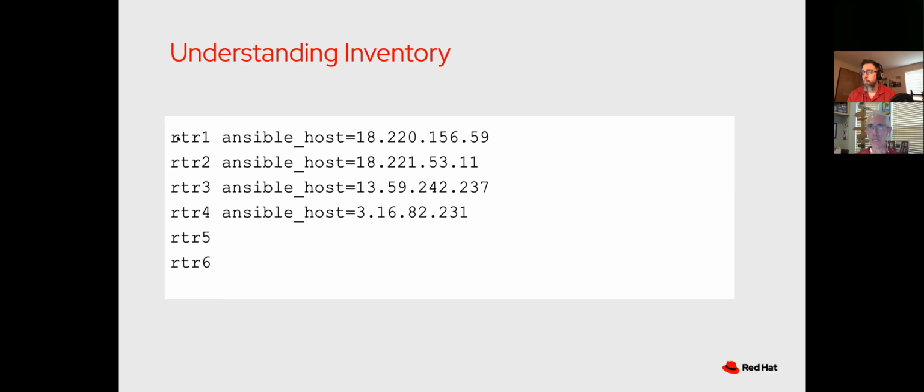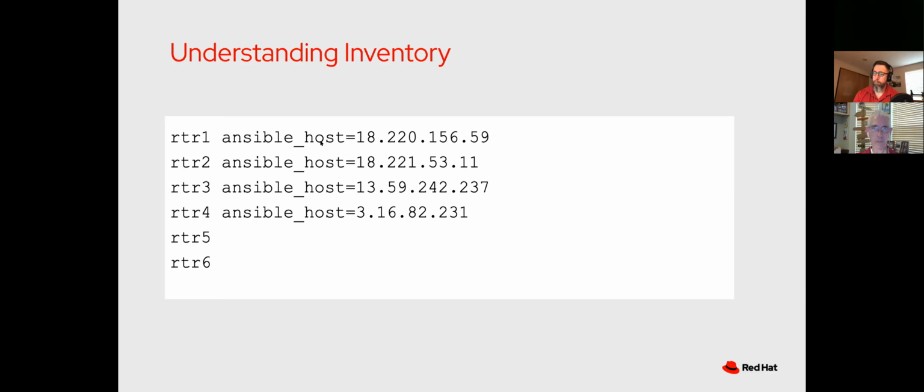Now, if those names are in DNS and you can do the lookup and resolve the IP, then you don't need to specify anything else. In this particular case, what we're showing is a way to specify an IP address that Ansible should use to connect to those hosts. ansible_host is a variable.